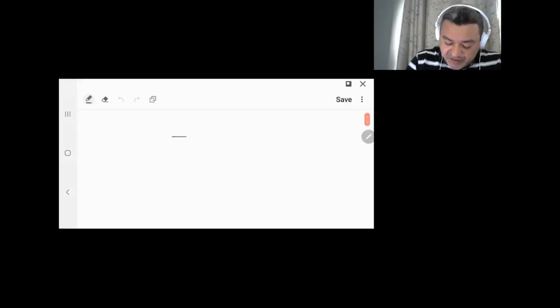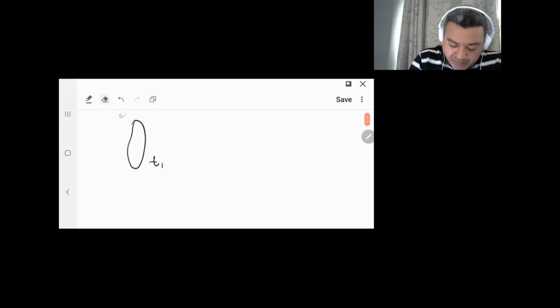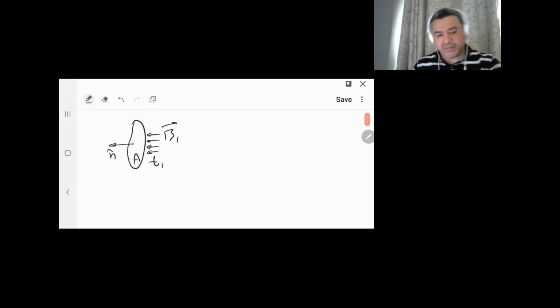Let's assume that this is my loop. And this is the magnetic field right at moment 1. This is the area, and this is the normal unit vector.